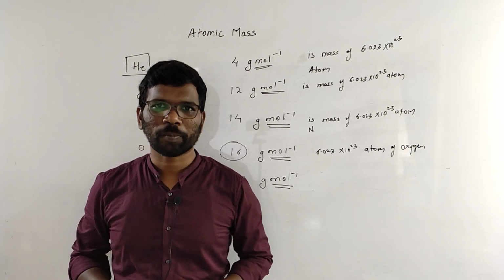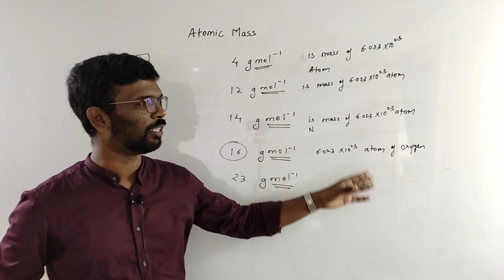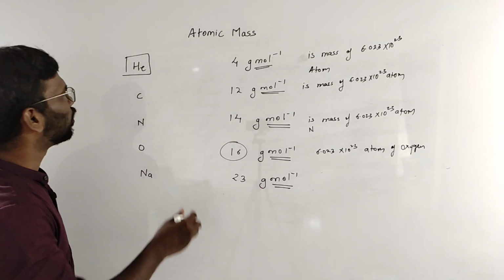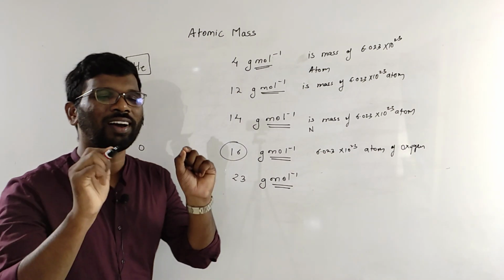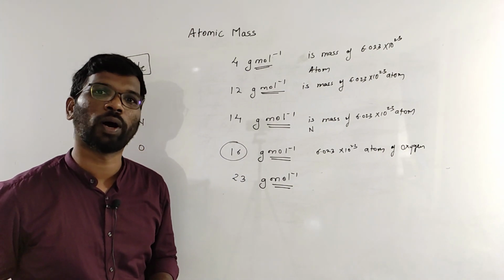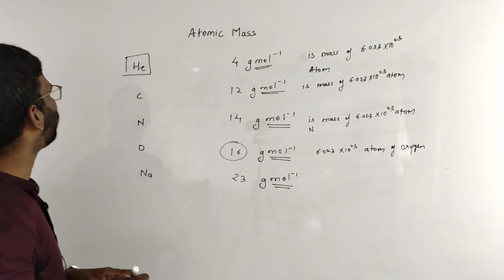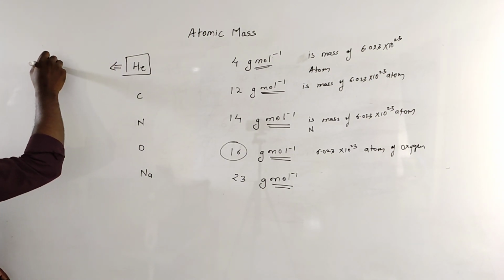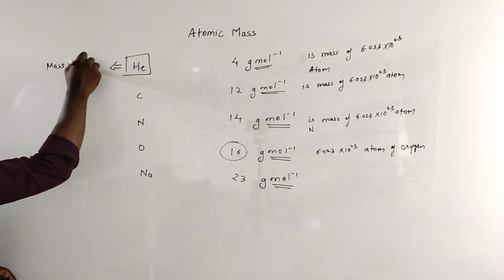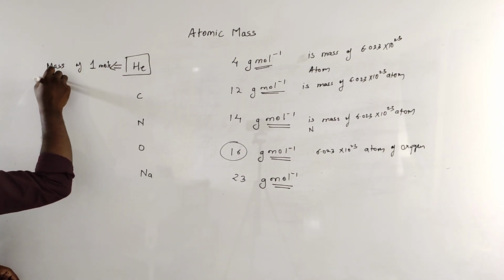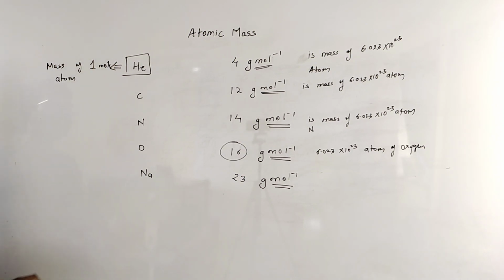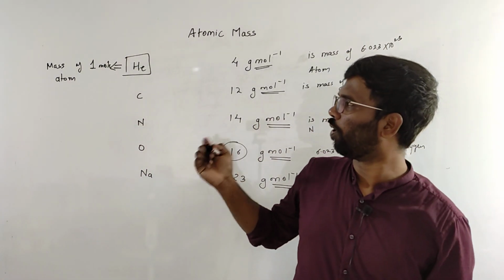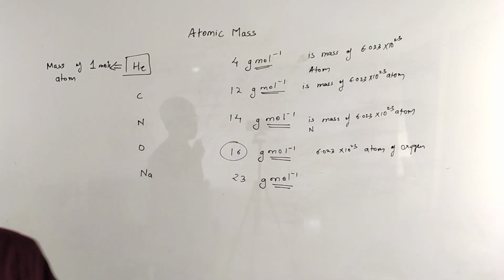In the same way, we can say that it is the mass of 1 mole of atoms. Is it not possible to say the other statement, that it is the mass of 1 mole of atoms? Yes.